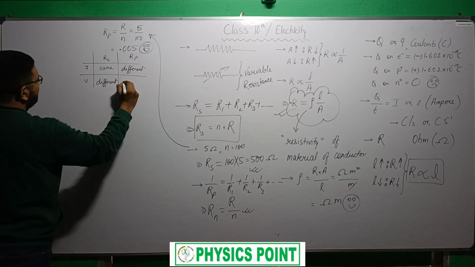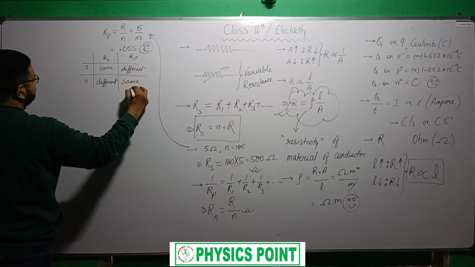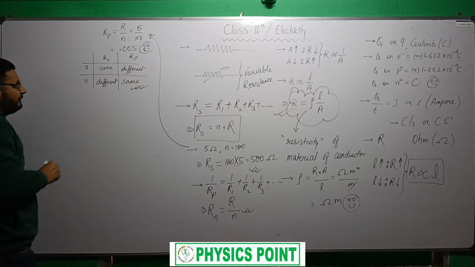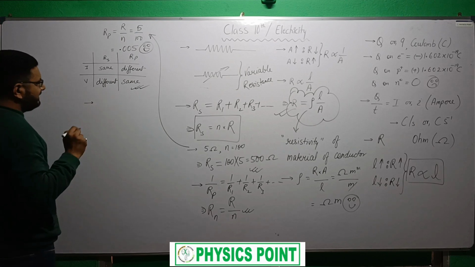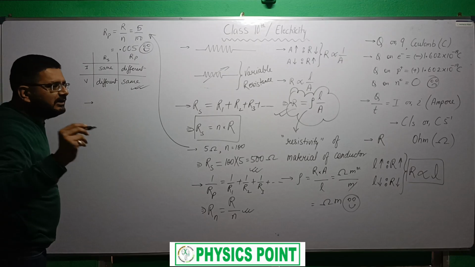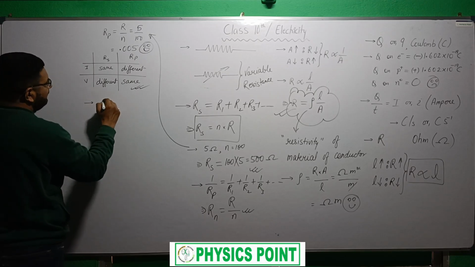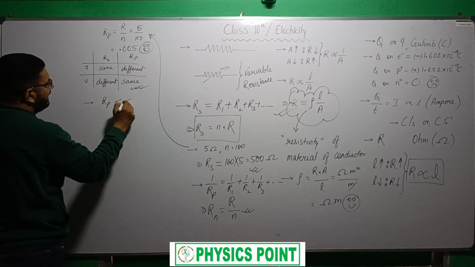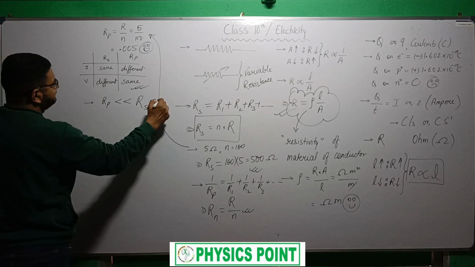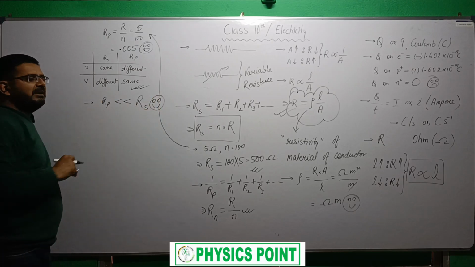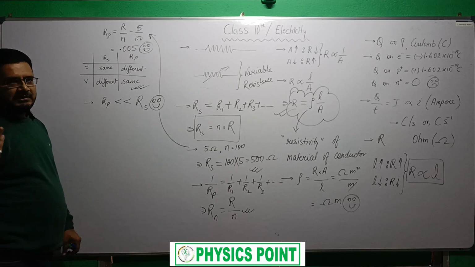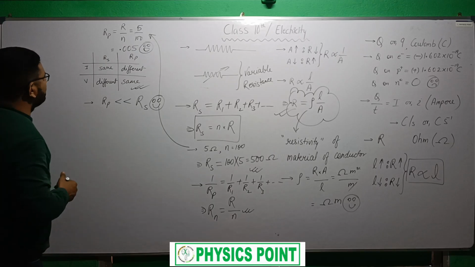In case of parallel, voltage is same. One more thing, for the same number of resistances and same values of resistance, we have Rp much smaller than Rs. This is the second reason why we use parallel combination in our offices, homes, industries, etc.